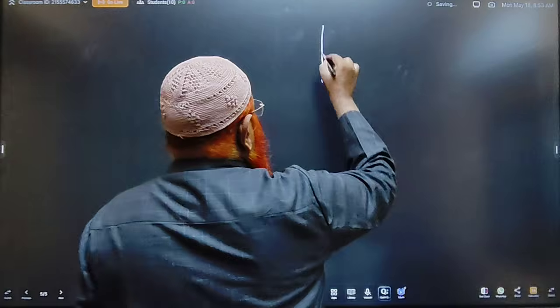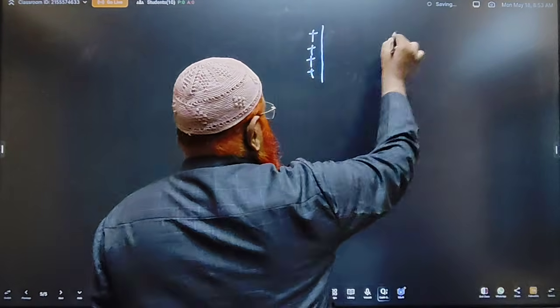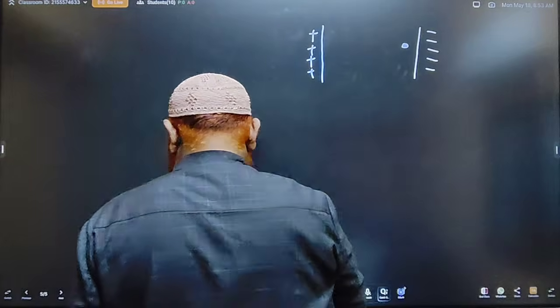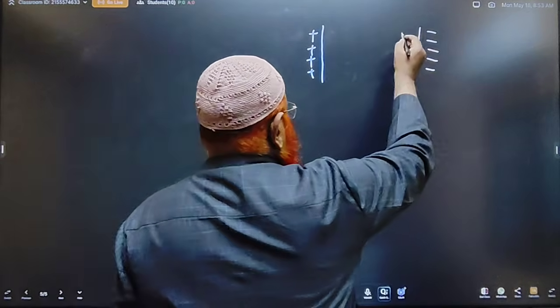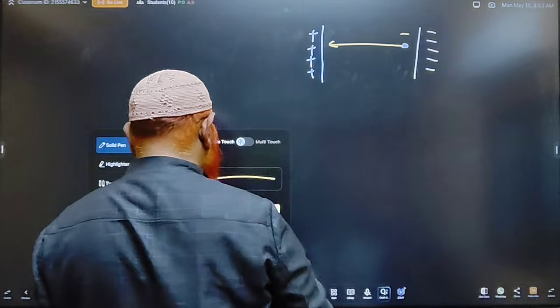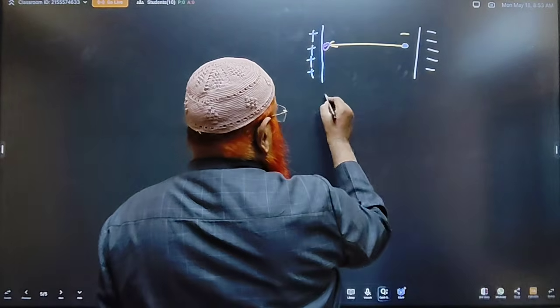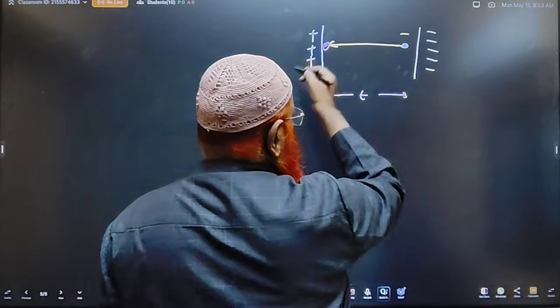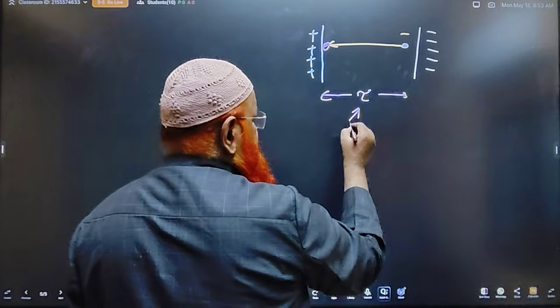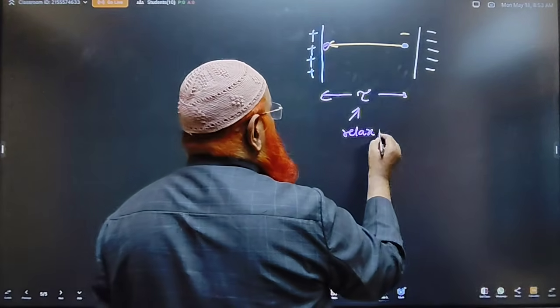For example, whenever there is a positive terminal and a negative terminal, this is an electron which is negatively charged, and this electron is moving from here to here. That electron is moving from one point to another point. Let us consider the time taken to travel from here to here is tau, taken as capital T, which is nothing but relaxation time.